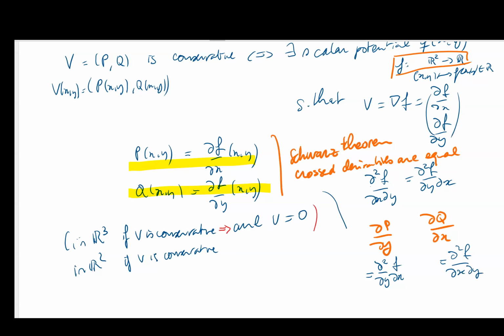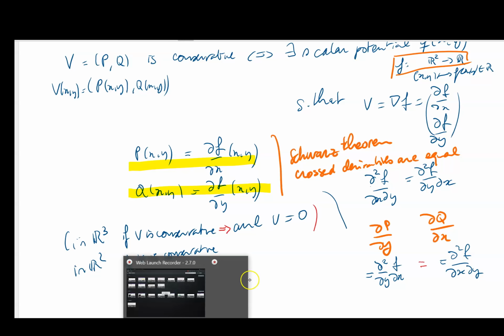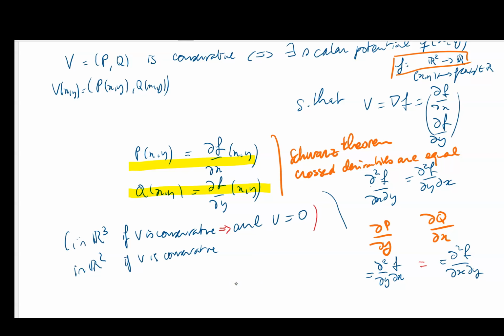Assuming everything is as continuous as we need, these should be equal to each other, from Schwartz theorem. So if V is conservative in two dimensions, then dp over dy is equal to dq over dx, right?